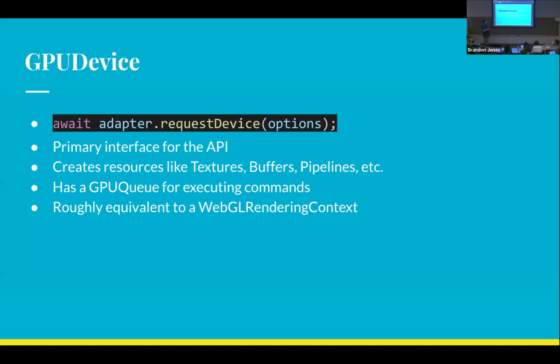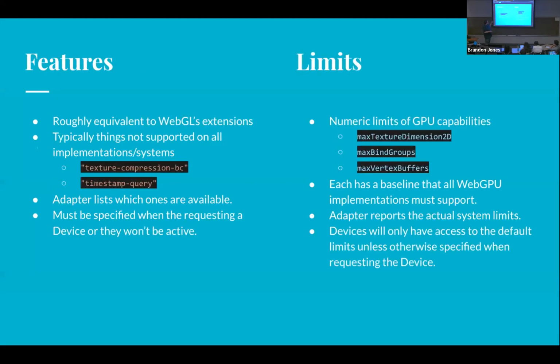So coming back to this, the GPU device, like I said, it has a queue for executing commands. Now, I mentioned that the adapter has features and limits, and the device has them too. These are things that the API or the adapter communicates to you as the full extent of what it can do.